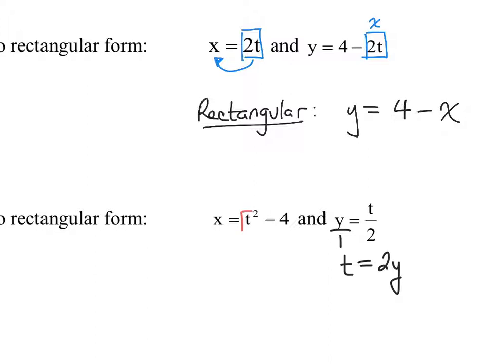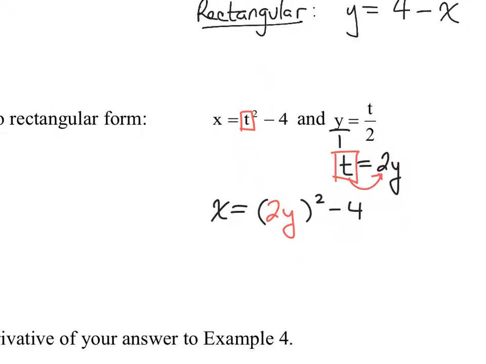I can now replace the t with what it's equal to, which is 2y. x equals 2y squared minus 4. And then I can clean it up: 4y squared minus 4 equals x. This is my rectangular form.